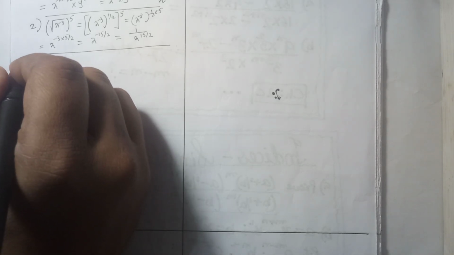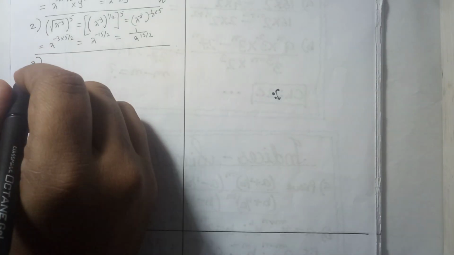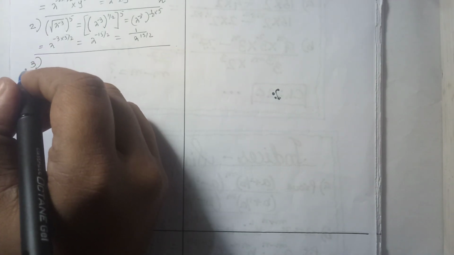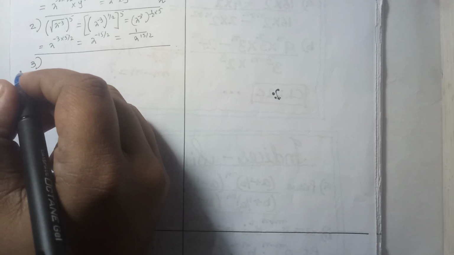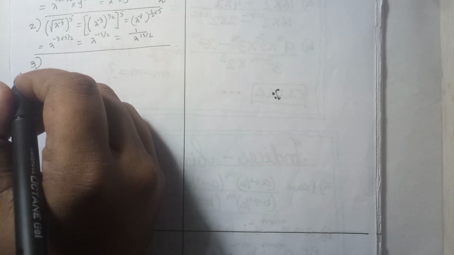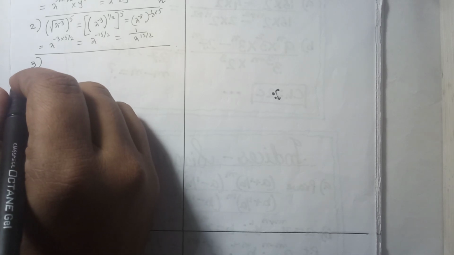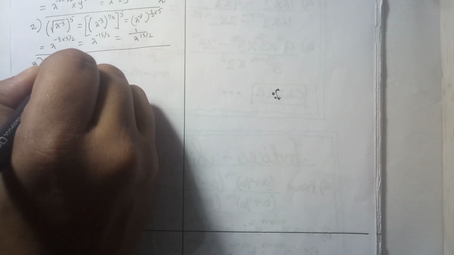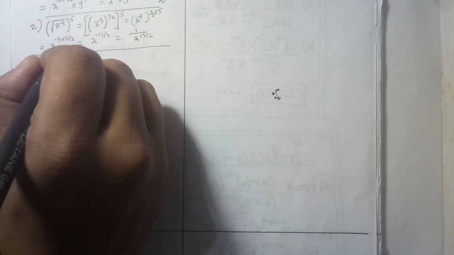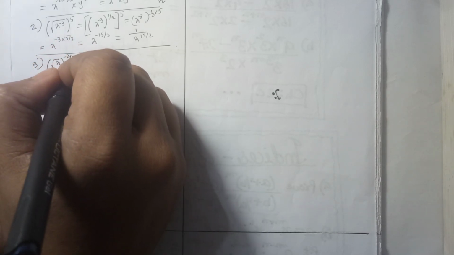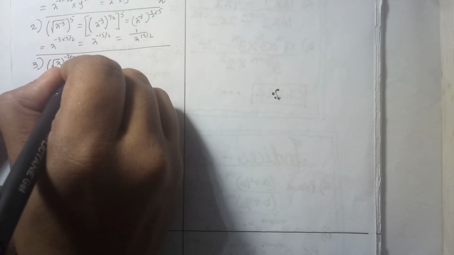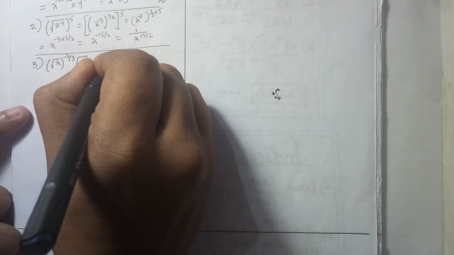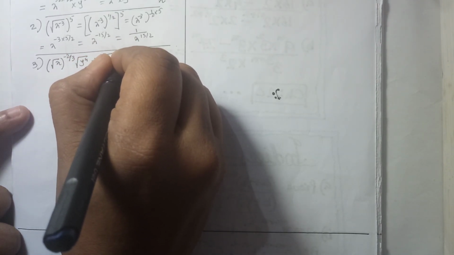Okay. 3. 3 is given as square root of x to the power minus 2 by 3 into root over y to the power 4, divide by x y to the power minus half.